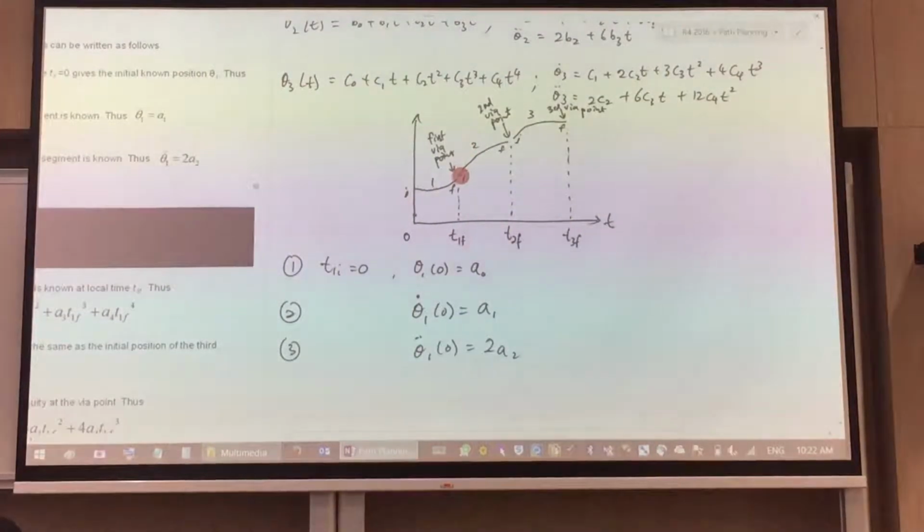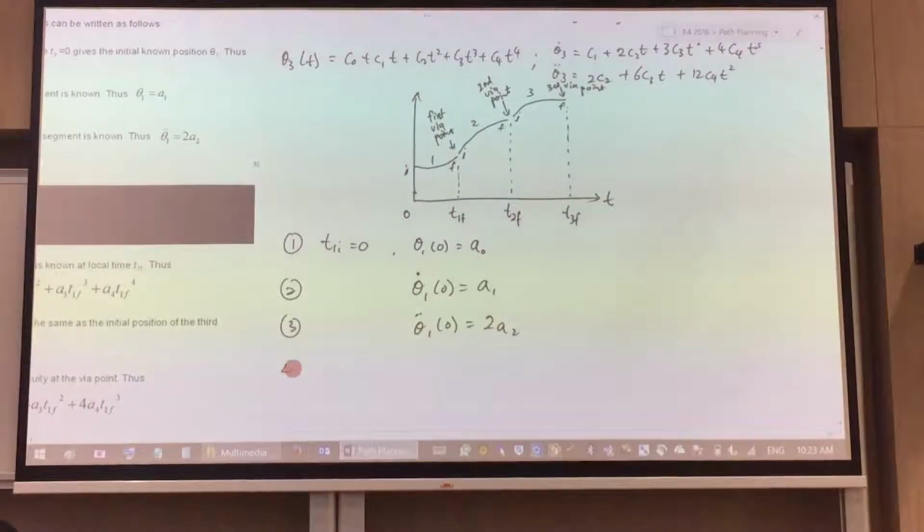And between this final point of the first segment and the initial point of your second segment, they must be equal to each other. So that gets me my fourth boundary condition, which is theta 2I. I think your notes are written as just theta 2, but theta 2I makes it clear that this is the initial part of the second segment.